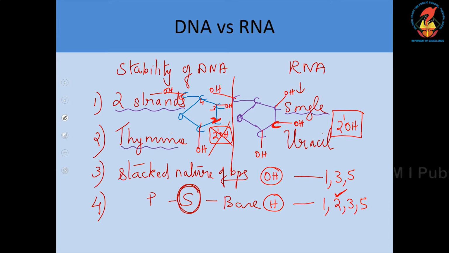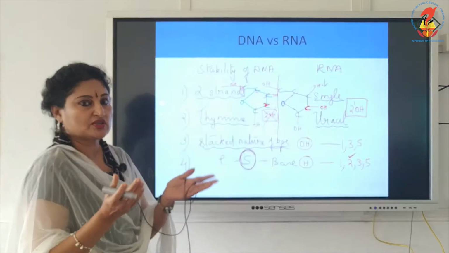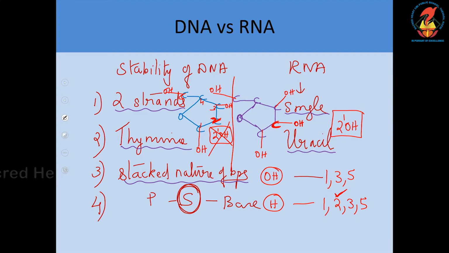Second, the base thymine is present in DNA in the place of uracil in RNA. Then stacked nature of the base pairs in DNA, there we can't say the stacked nature because RNA is not double stranded. And lastly, the DNA lacks an additional hydroxyl group at the 2 carbon compound of its sugar.